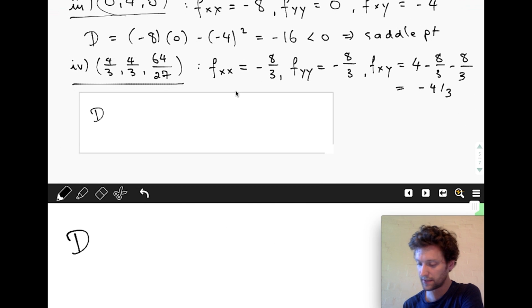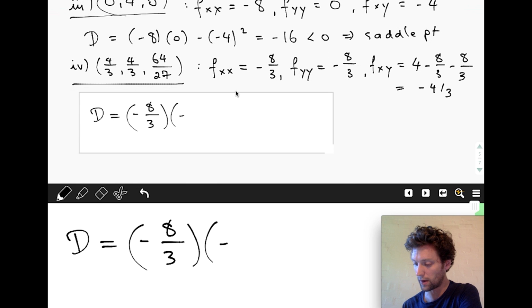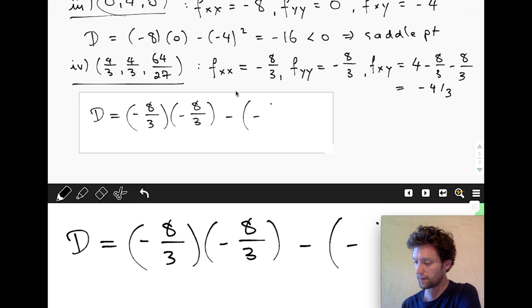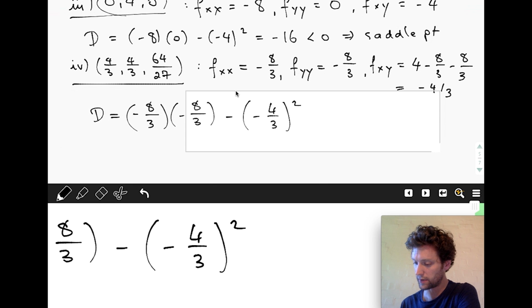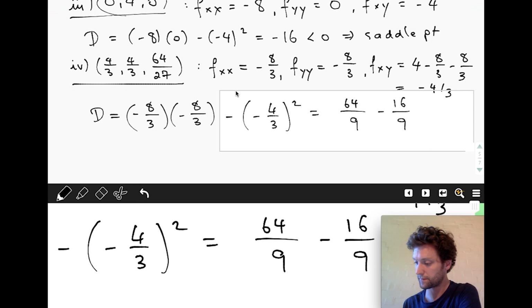So what is d in this case? D is equal to fxx times fyy minus fxy all squared. So we end up with minus 8 times minus 8 is equal to 64, over 3 times 3 is 9, minus 4 squared over 9.